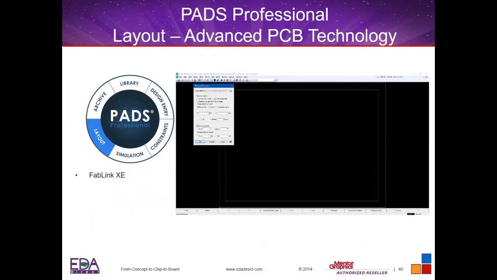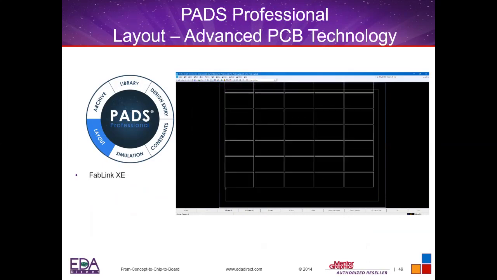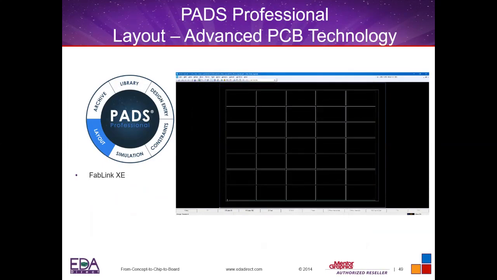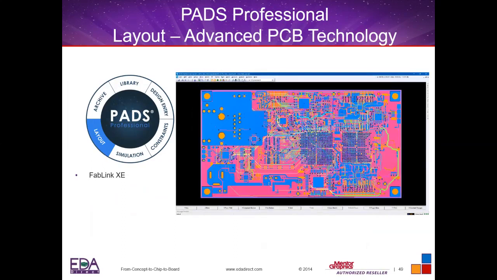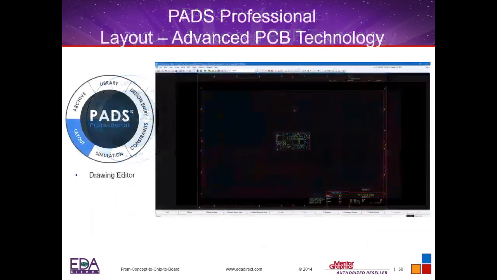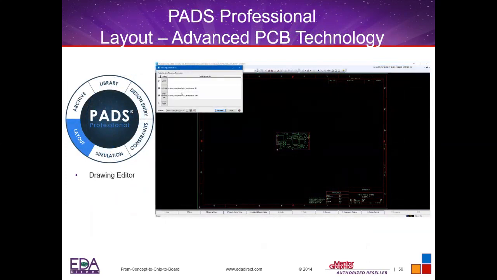It's going to ask you how many rows, how many columns you want. You specify that, it'll automatically look at your design, bring that into the panel, easy to set up, and then you can just push that out and create all your ODB++ Gerber data. You'll also have the drawing editor that comes with the tool.